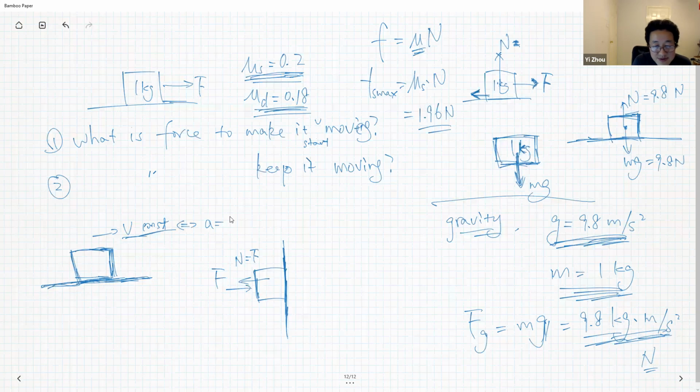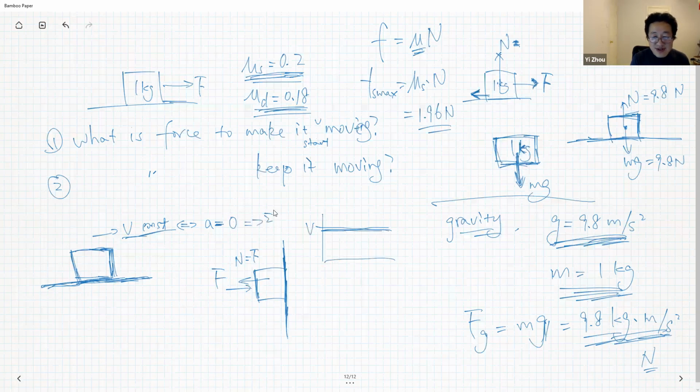Acceleration of zero, right? Yeah, because the acceleration is the slope of the velocity. So when we have a flat velocity, the acceleration is zero.